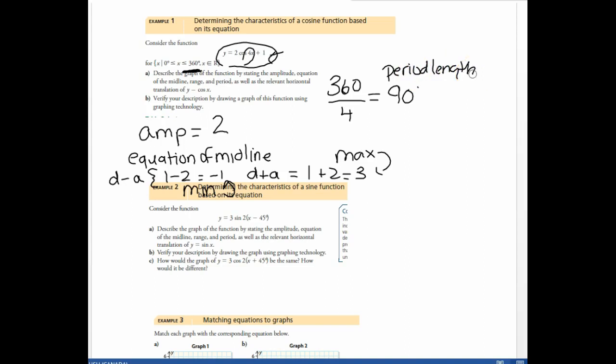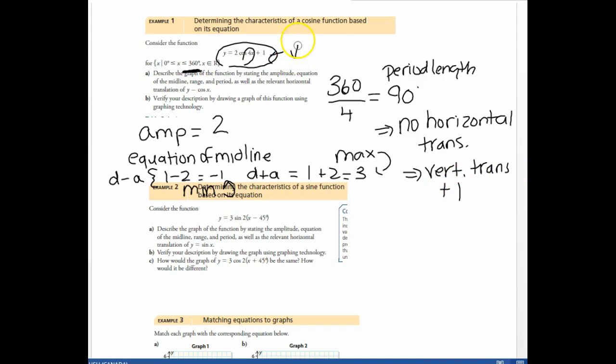And then do we have anything in a bracket so that we're moving left and right? No. So all we have is a plus 1, so that means we're moving up or down. So you could say no horizontal translation, because there's no bracket. And then the vertical translation is positive, so that means we're moving up 1.